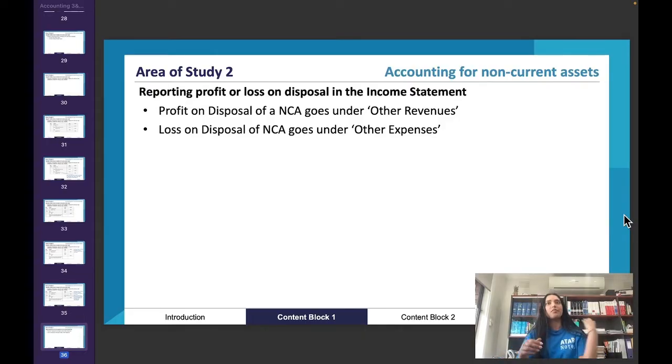So expenses that are incurred to get inventory into a condition and location ready for sale go under cost of goods sold.